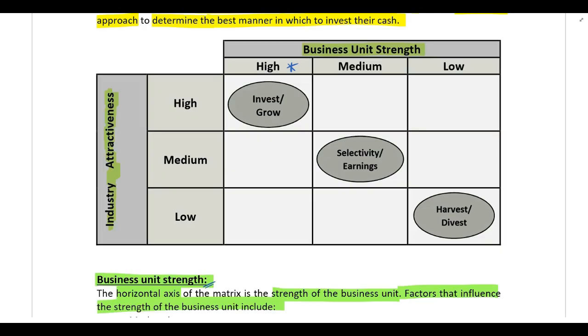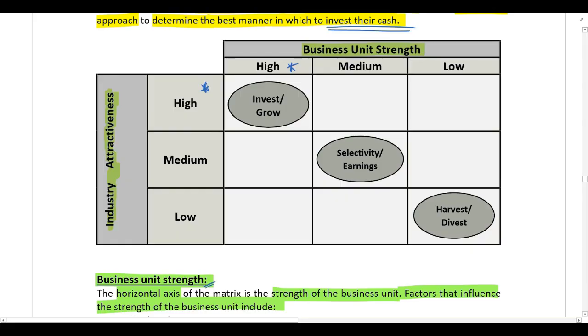Then that business unit has high strength. Then if we look at the industry attractiveness, if that is also high, that means that the market size, so the market where we are trying to sell the product, is large. It means that the market is growing rapidly. It means that the industry that we are trying to operate in is very profitable, etc. Then what we should do is the company should invest cash in that business unit.